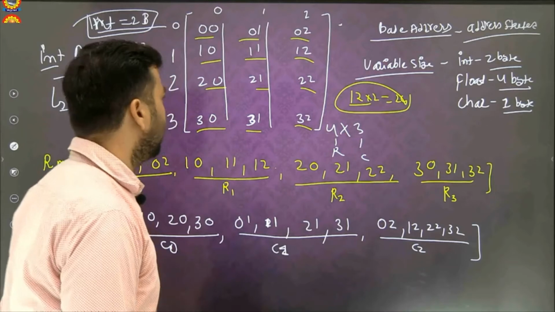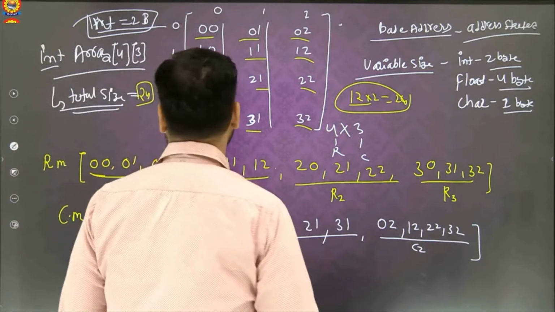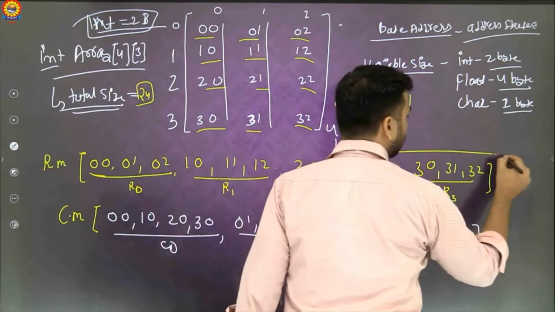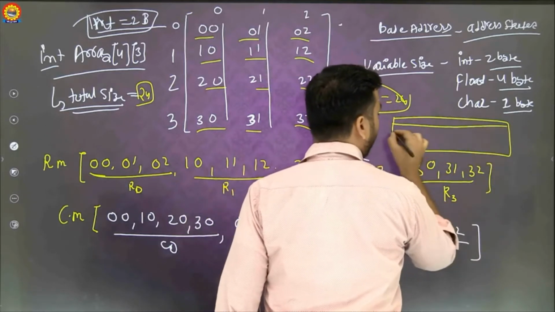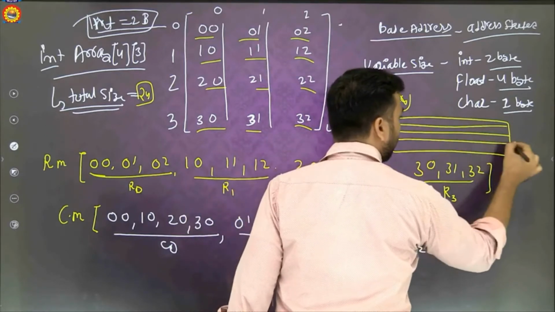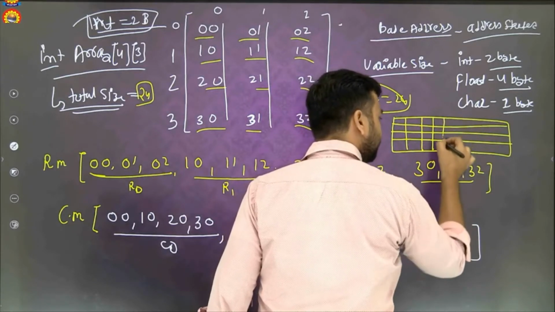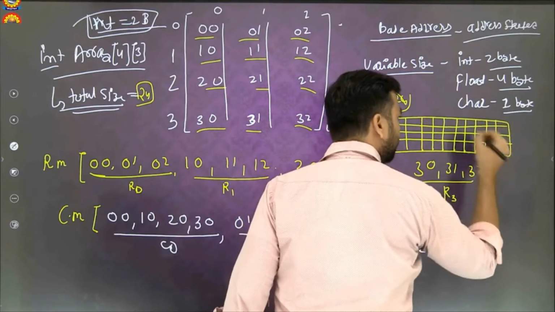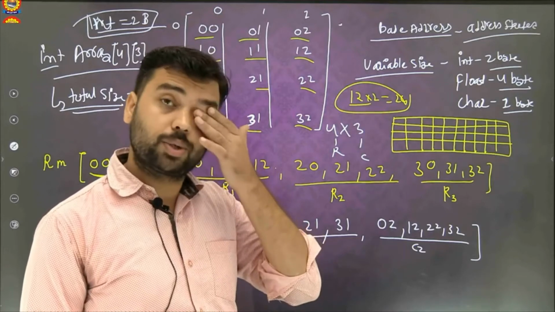Now the next question is, suppose this is your memory, for example, I just write it over here. Memory generally has blocks like this. I am showing you the logical way of memory, how we store logically.